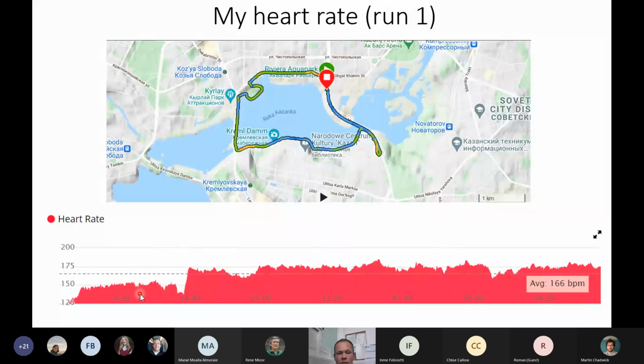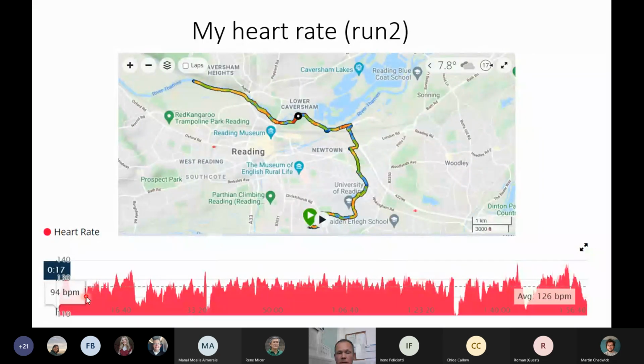You can compare it with the heart rate of another run that I made here in the UK. Even just from seeing it, you can see that these two heart rates are different.